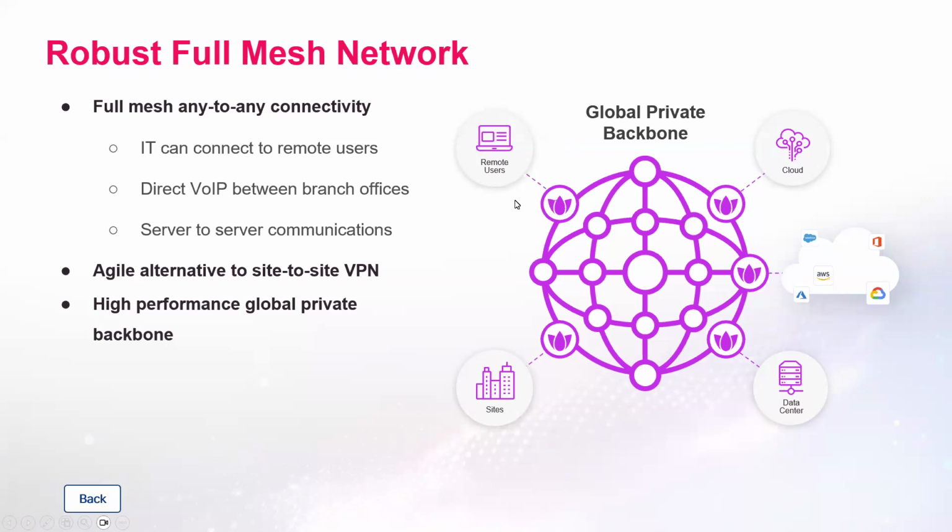If I'm a remote user and I'm working in Indiana, maybe my closest location is going to be Chicago, but maybe my data center is located in New York. Well, instead of me connecting directly to a VPN in New York, I'm able to access Chicago. Now, in that regard, I'm going to be routed across that backbone straight to that data center that's in New York.